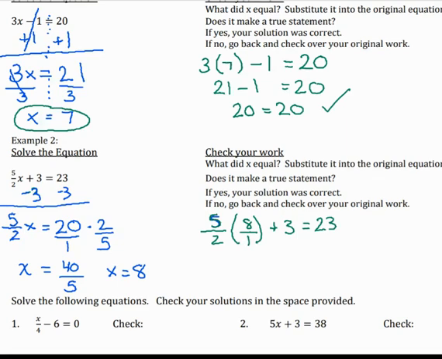And now we go right across. 5 times 8 is 40. 2 times 1 is 2. And we keep simplifying. What's 40 divided by 2? 20. And 20 plus 3 is 23. Hooray. So x equals 8 does work.